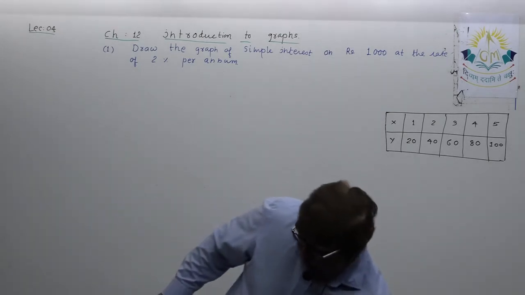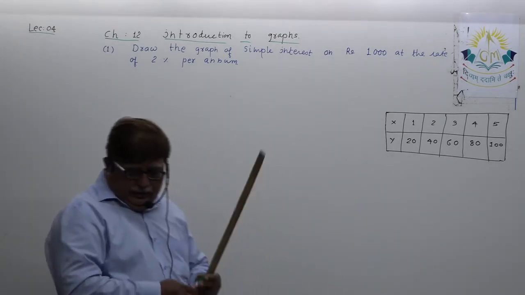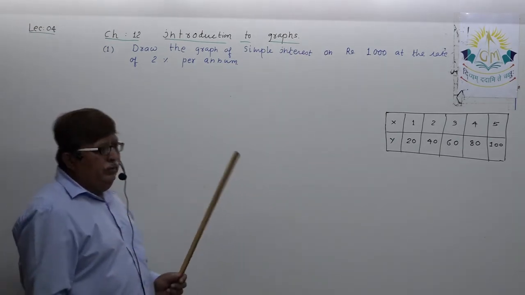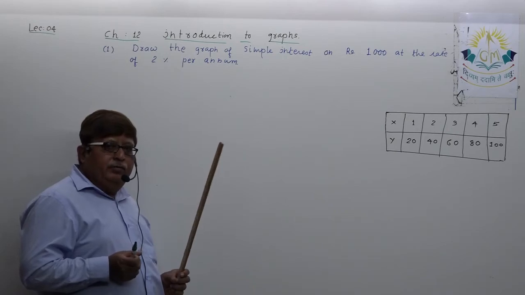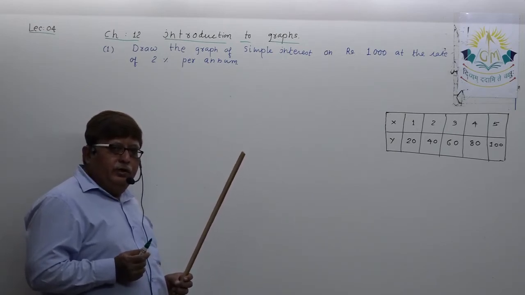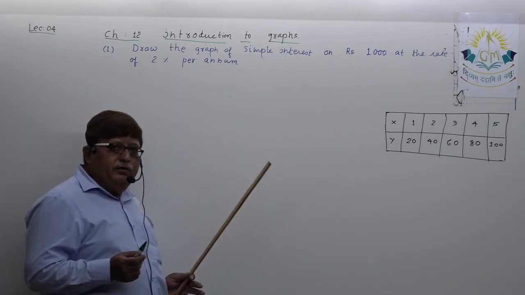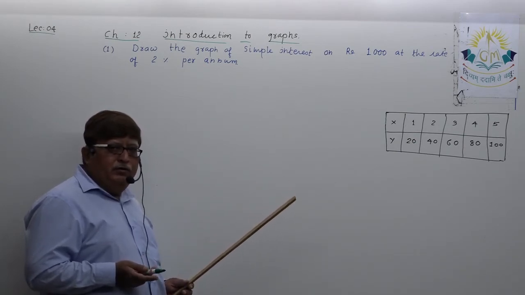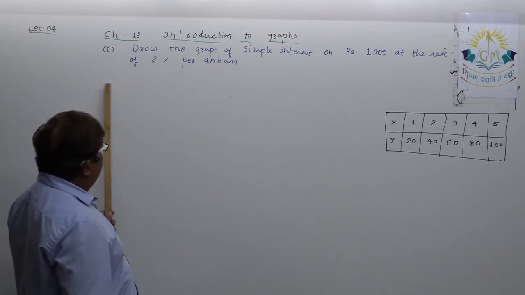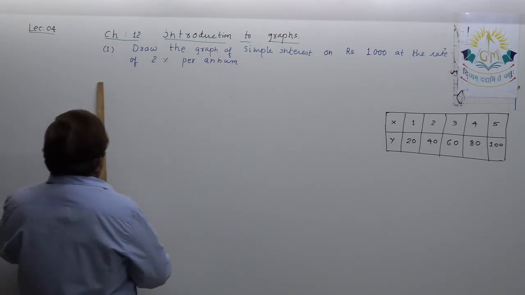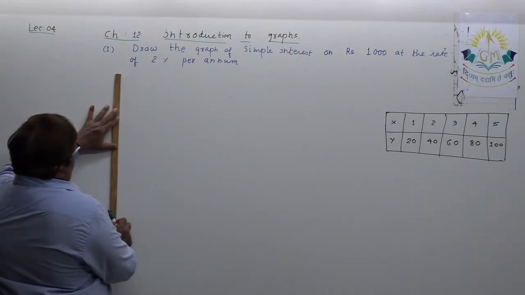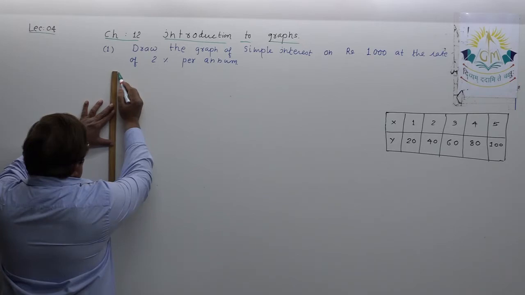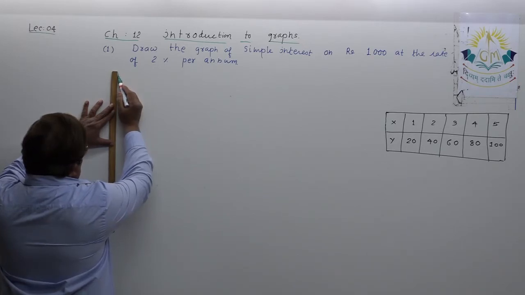Now see, as you all know, this will be my graph paper. And as you can remember in lecture number 3, we are interested just in the first quadrant. So you do not need to worry about the rest of the quadrants. Just leaving one box, you have to draw a line here for the Y axis.